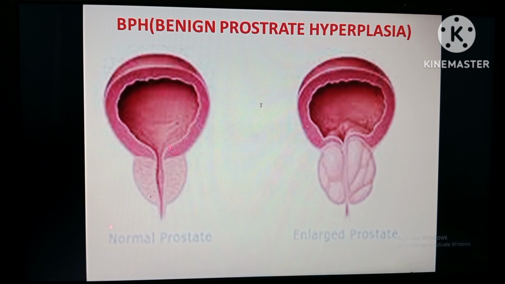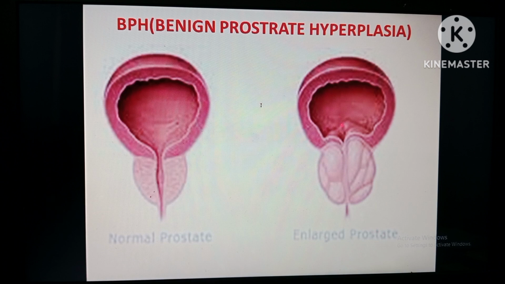You can see in the picture, this is the normal prostate and this is the enlarged prostate. When the prostate gland is enlarged, what happens? It will compress the urinary bladder as well as the urethra. When it compresses both, the urine cannot drain from the bladder through the urethra to the outside.